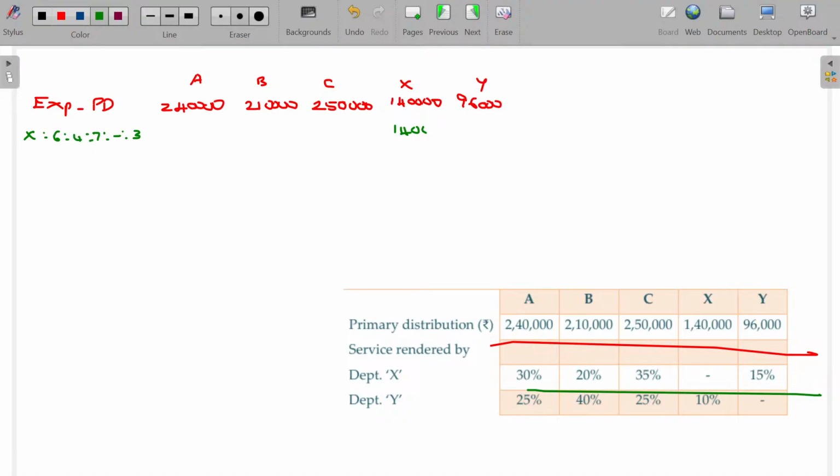Subtract that 1,40,000 from here, distribute to the other departments using this ratio. A gets 42,000, B gets 28,000, C gets 49,000, Y gets 21,000.